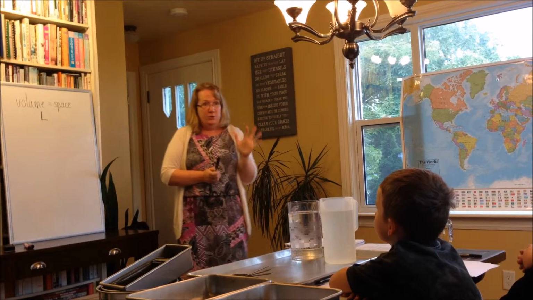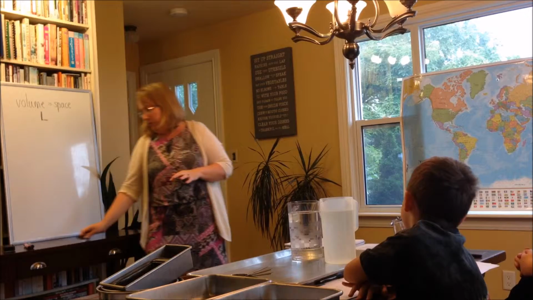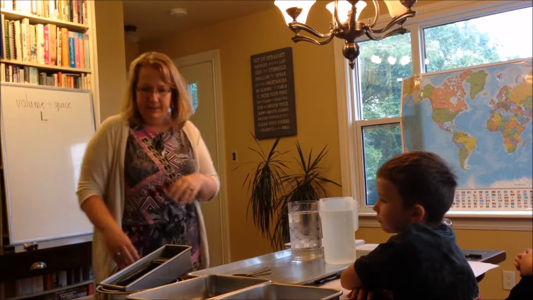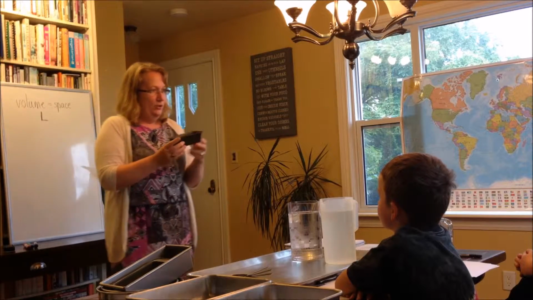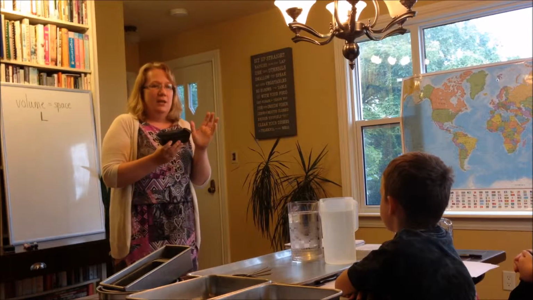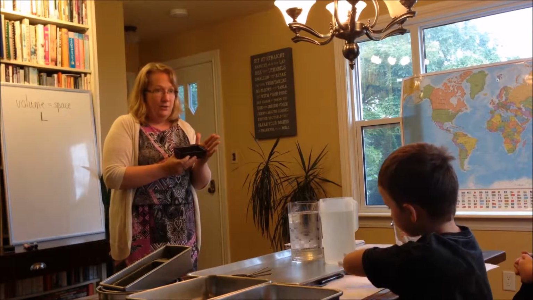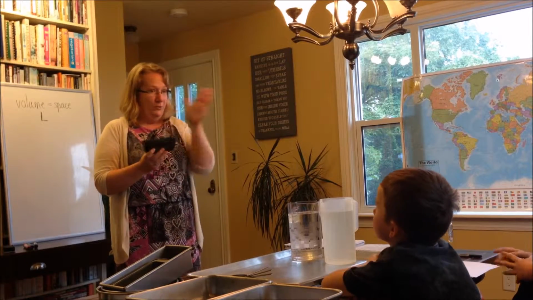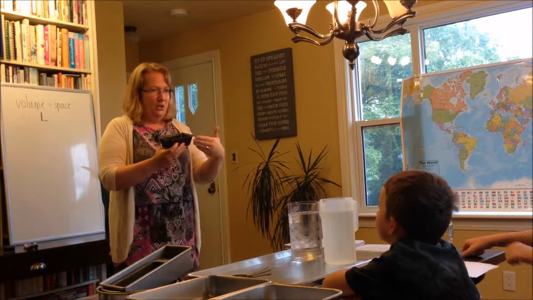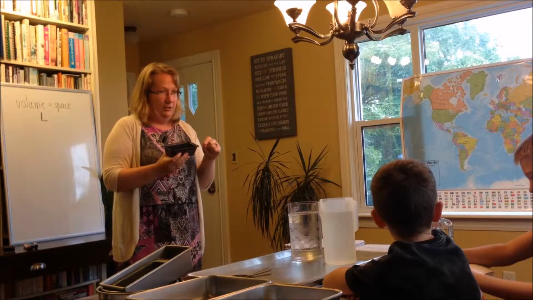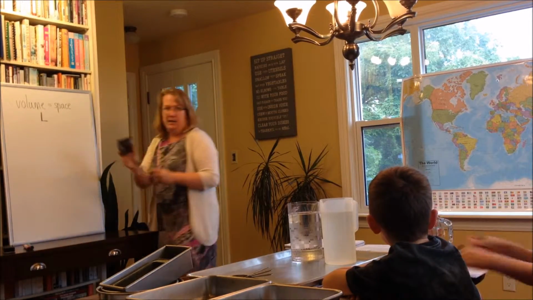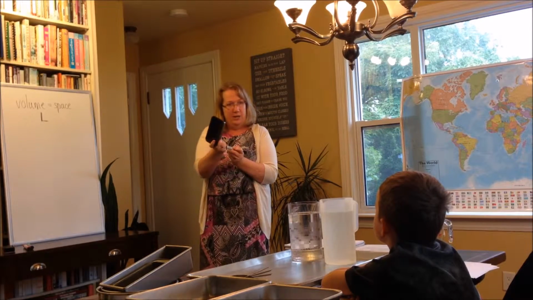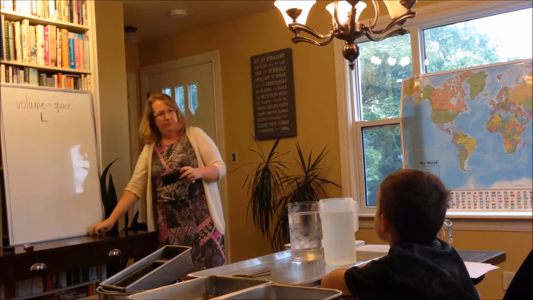Okay? So there's two ways to figure out the volume. So let's take this little pan here. There's the formula, so you have to figure out what the formula is, you do all your measurements, and then it's a calculation. So there's 3 things that you have to measure on a container to figure out the volume. Do you guys know what that would be?